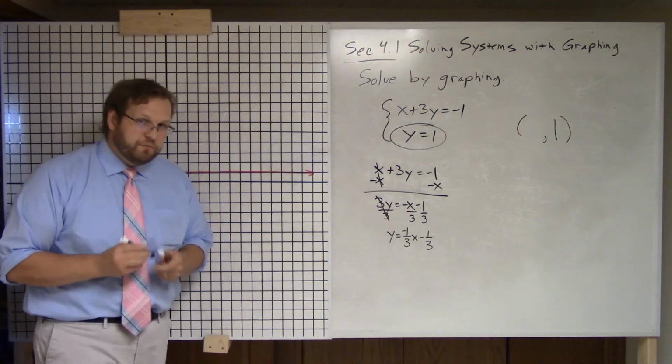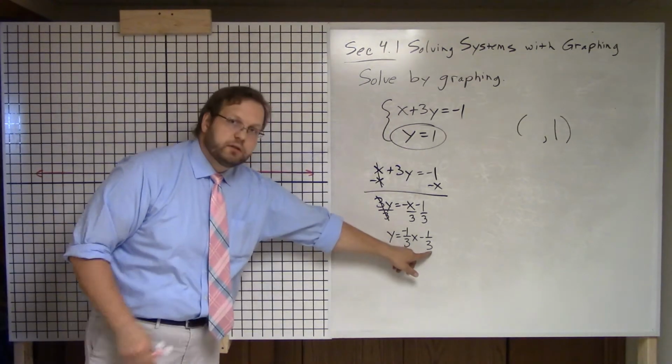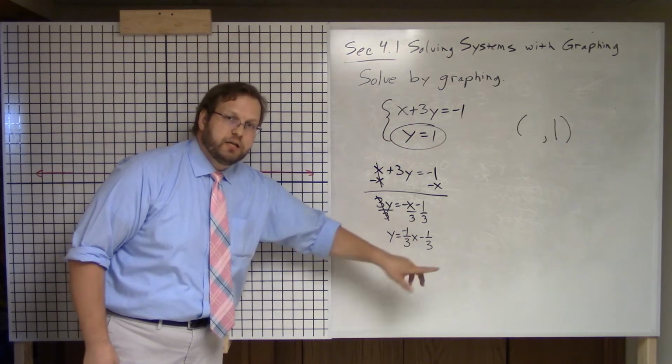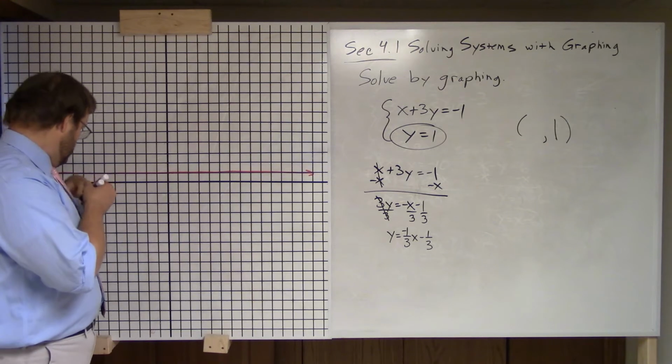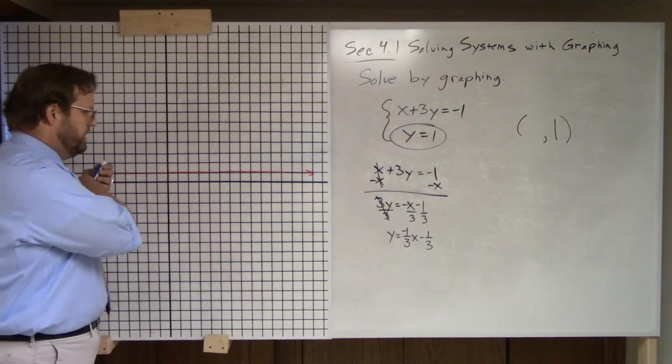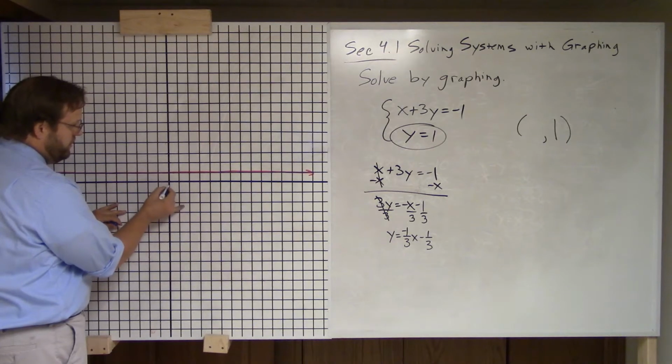Now, be very careful with this because I keep saying we need accurate lines, and now we're forced to approximate a little bit. So just take your time, be careful. So I'm going to have a line that starts by going down 1/3, which is about right here.